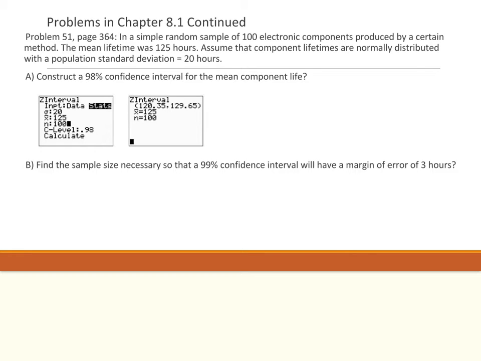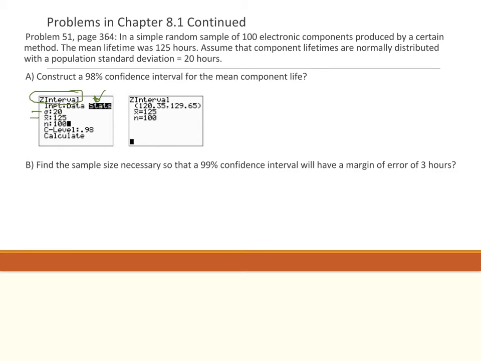Right? So the first thing we're going to do is look at the calculator. Again, I hit the stats key, I move over to test. I select option 7, which is my Z interval. And I choose stat this time because I don't have a data set. I enter in 20 for my population standard deviation.